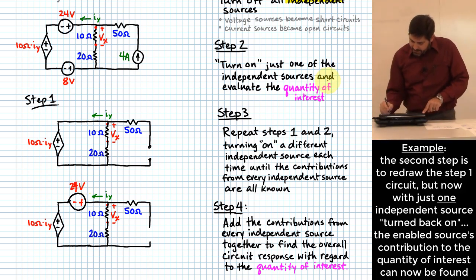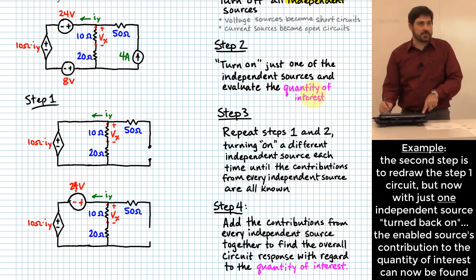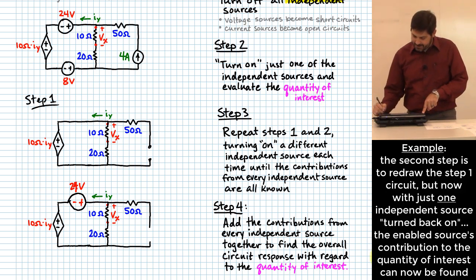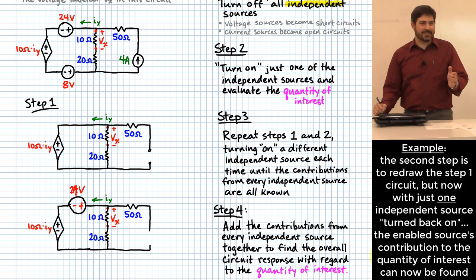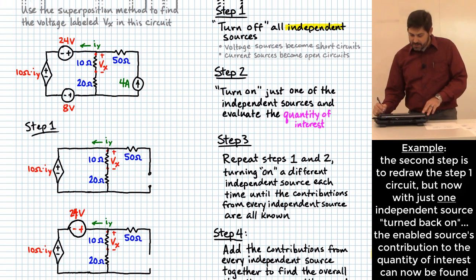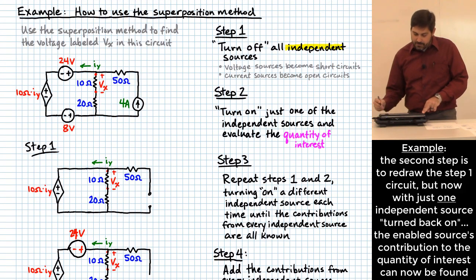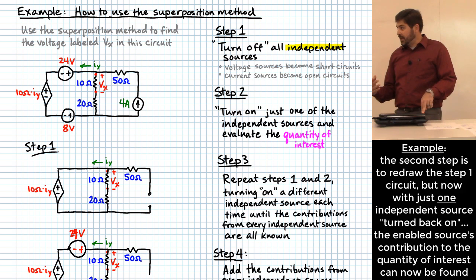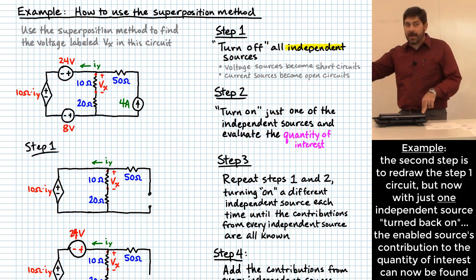And it says, and evaluate the quantity of interest. I'm not sure if I've used that phrase in here yet. What do you think that means when I use that phrase, quantity of interest? Okay. Find what you're looking for. That's kind of the vernacular on it. Basically, usually, at least in the context of engineering problems, it's what the problem is asking for, right? That's your quantity of interest.